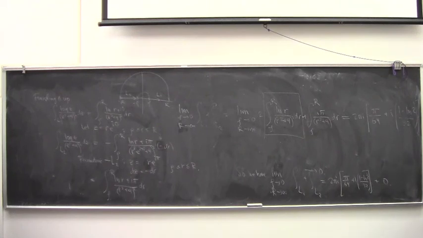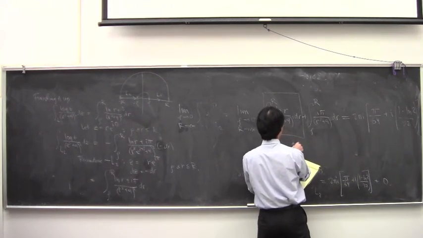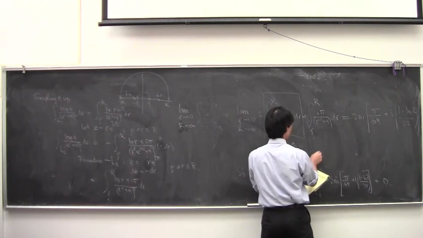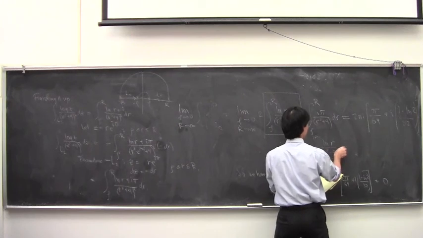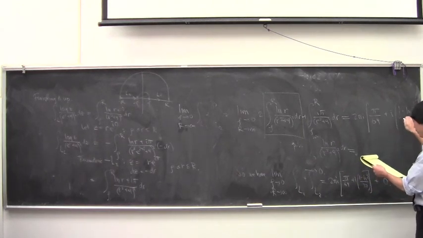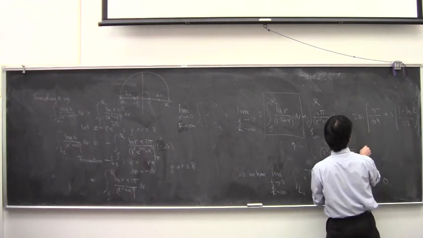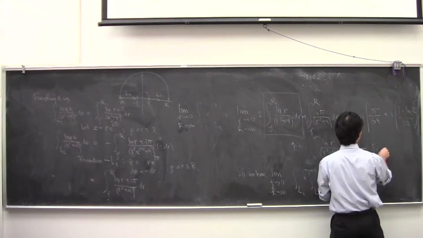So we see that the integral of interest, the integral from 0 to infinity of the natural log of r over r squared plus 4 quantity squared dr, is half of the real part of this right-hand side. So that's going to be pi over 32 times natural log of 2 minus 1.